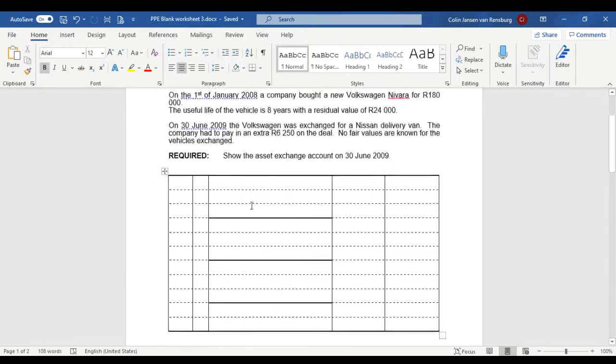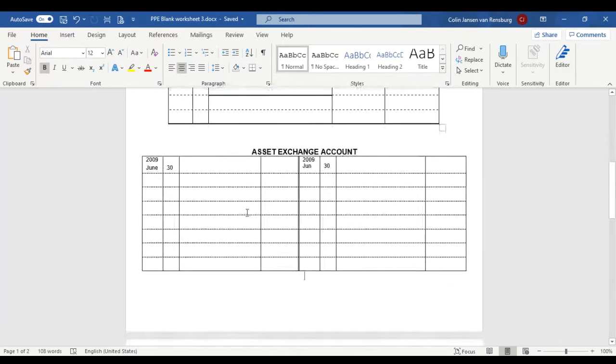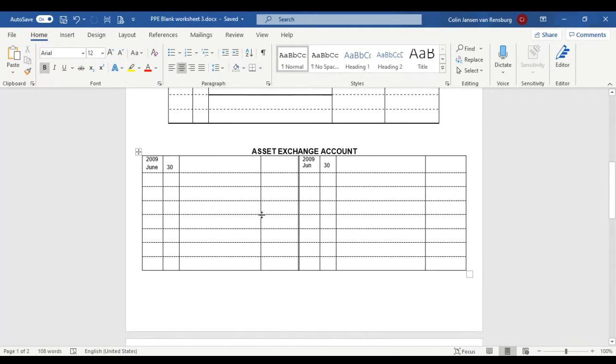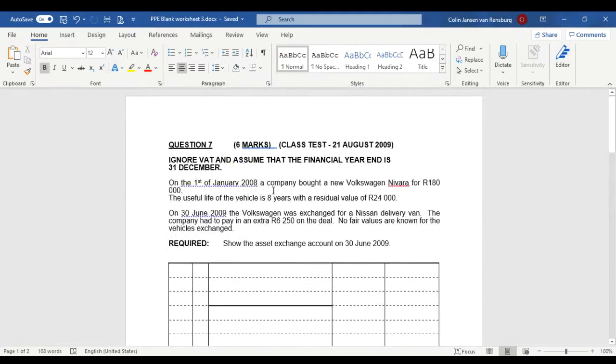So I've got a question here. I've just created a blank journal sheet here, and I've created a blank asset exchange account here, and then we can fill it in as we carry on. So let's start by reading the main part of the question. They say on the 1st of January 2008, a company bought a new Volkswagen Navara for 180,000 rands.